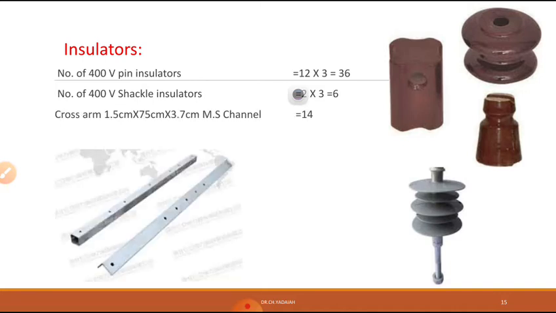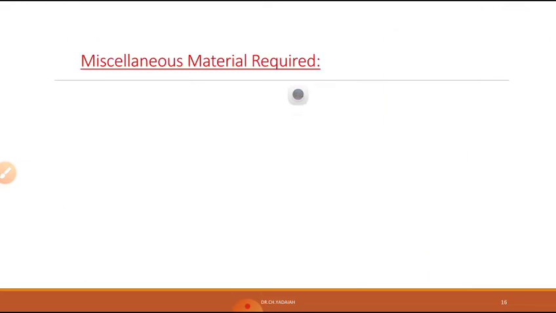Now the cross arms. We calculate the cross arms also into 14, and we require cross arm brackets to stay the cross arm to the pole. You can see the brackets here. This type of bracket also, 14 numbers are required. Then miscellaneous items, like the earth wire and neutral wire, we calculate in simple steps.